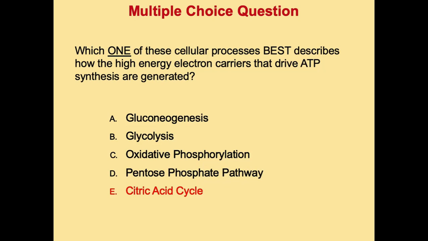Gluconeogenesis, which we will cover in another video, is the production of new glucose from non-carbohydrate precursors. Glycolysis, we've already covered, is the breakdown of glucose. Oxidative phosphorylation is actually the process of generating the ATP, not the production of the high energy carriers. And the pentose phosphate pathway, again, we will cover in another video.